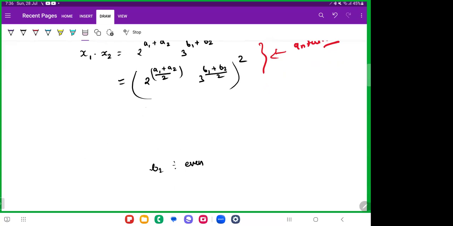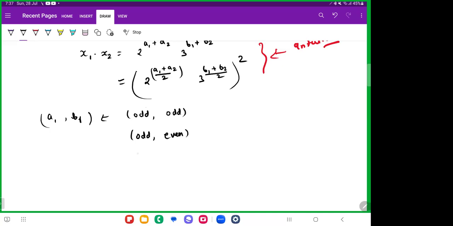What is the possibility for A1 comma B1? It can be odd, odd. It can be odd, even. It can be even, odd. It can be even, even. This is the only possibility, right?